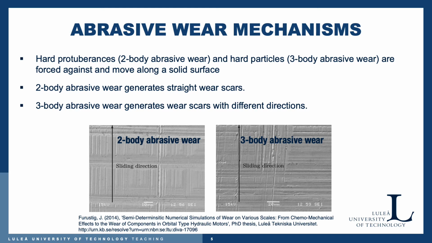And then on the right we have a three-body abrasive wear example where we can see that although the sliding direction is from south to north, we have some wear scars in somewhat different directions, and these are due to three-body abrasion.